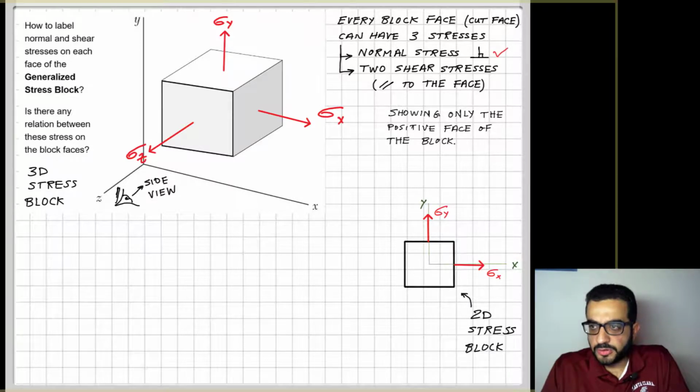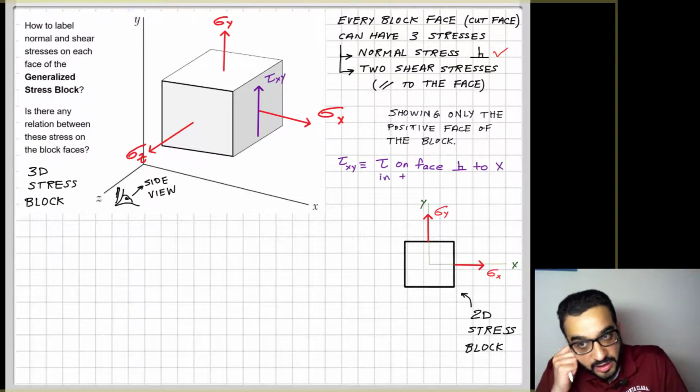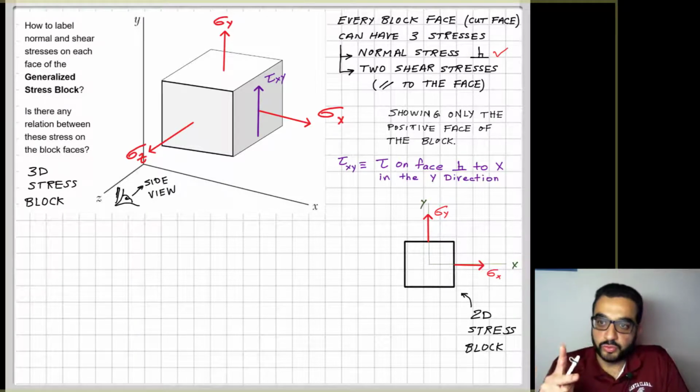Now if I think about shear stresses, how I can call shear stresses and label them on these faces of this block. Like we said in the previous slide, every face will have two tau, or shear stresses.